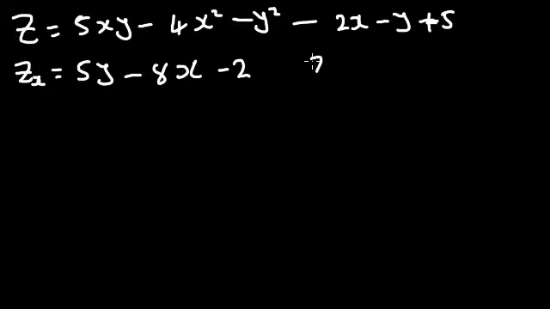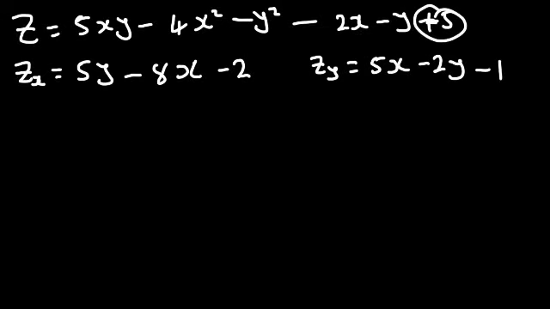Now, for z of y, we treat 5x as a constant and differentiate y with respect to y. And that gives us 5x. This is constant, 0. Derivative of negative y squared is minus 2y. Constant, 0. Derivative of minus y is simply minus 1.